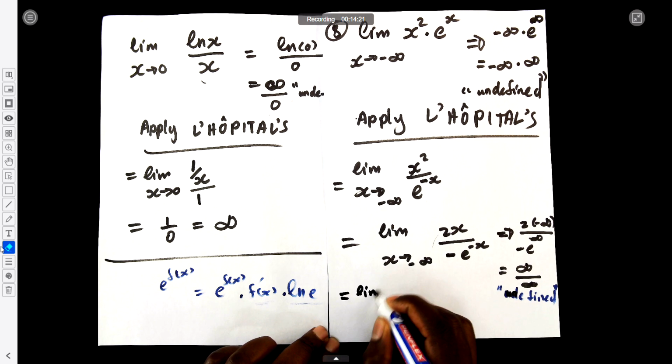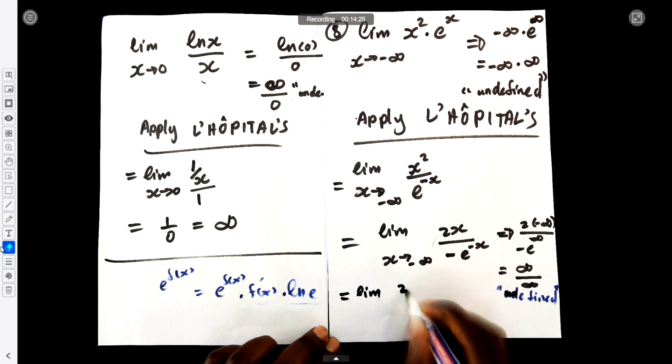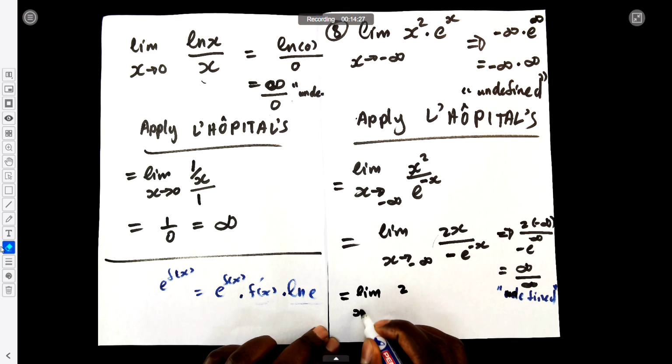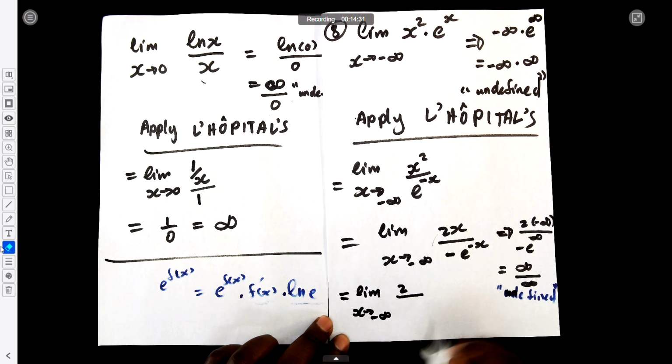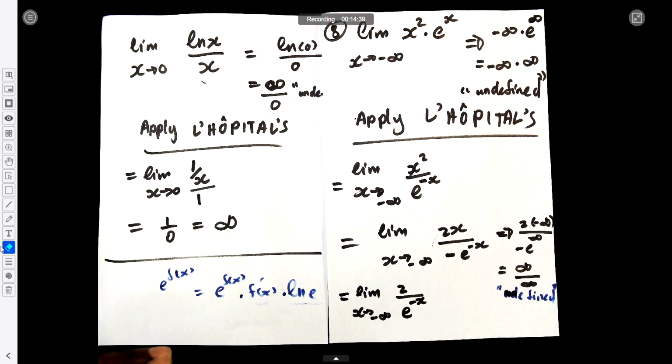We have the limit, we differentiate 2x, which is going to be 2, as x approaches negative infinity, all divided by the derivative of the exponential function. It will now be a positive e to the power of negative x, because the derivative of the exponent is negative 1, which multiplies the coefficient, and it becomes positive.